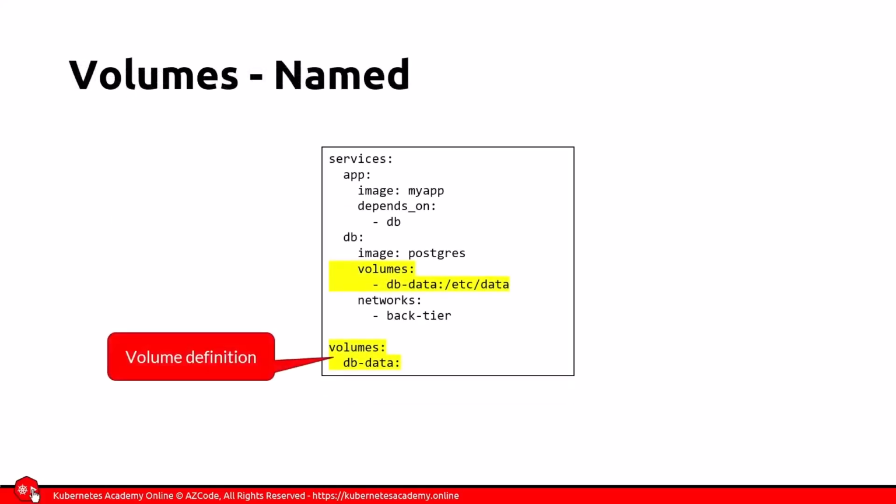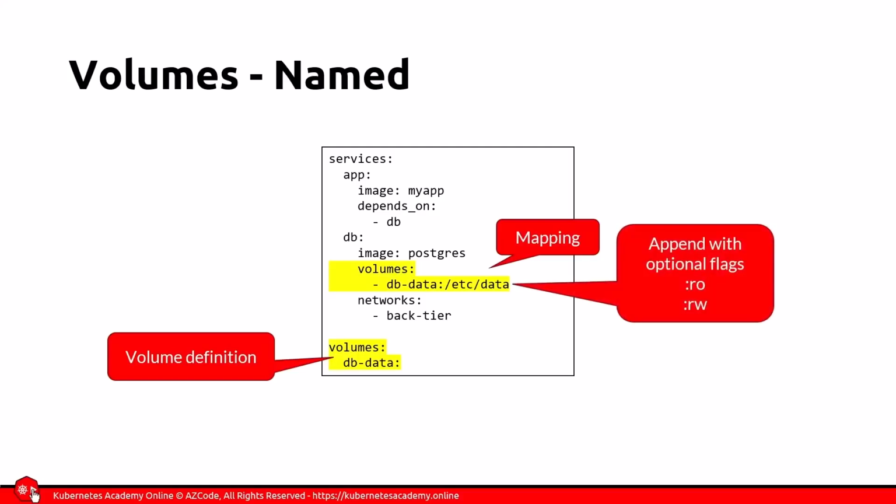You can declare volumes in the volumes section. These are called named volumes, and they can be used by all these services that you are declaring in the Compose file. To use a volume from a service, map it to a local folder using the volume name, colon, and the virtual path inside the container.